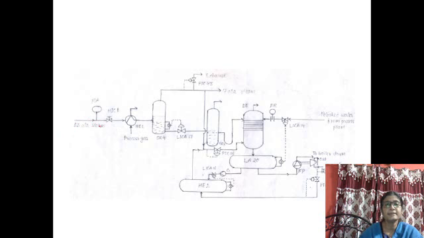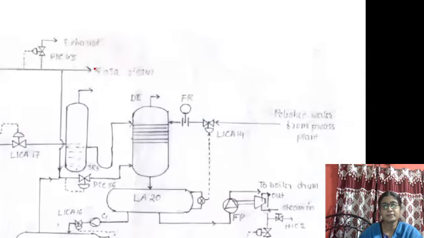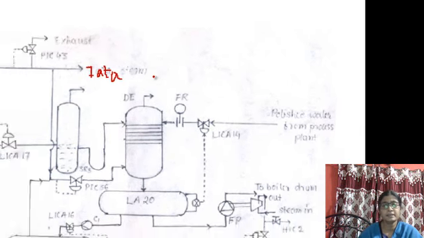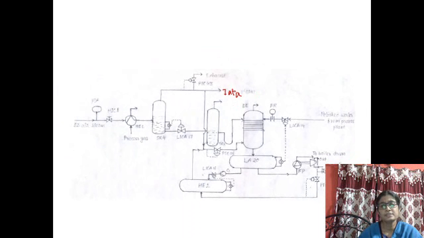This is 7 ATA steam. ATA stands for atmospheric air. Seven ATA steam should be generated in order to use it in the deaeration chamber. This is the deaeration chamber.